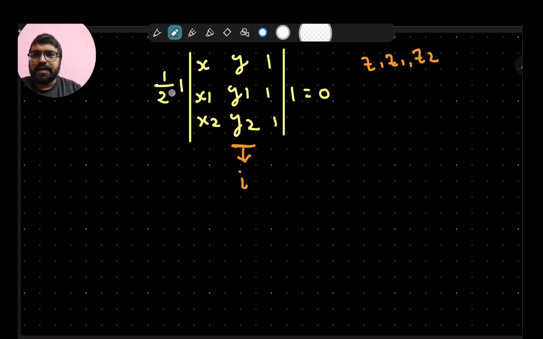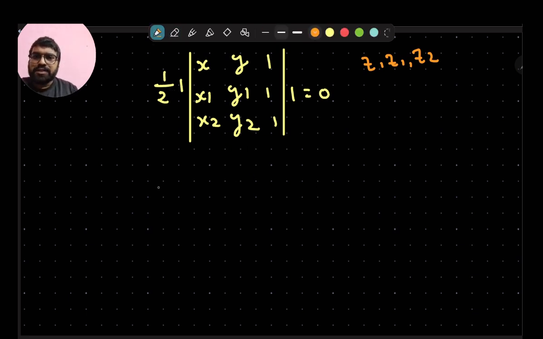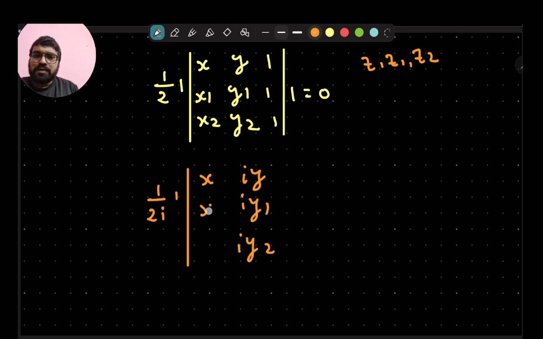So let me rewrite this one. The above expression can be written as 1 upon 2 iota mod, with x, iota y, x1, iota y1, x2, iota y2, and 1, 1, 1, and mod is equal to 0. So using the property of determinant, we have written like this.